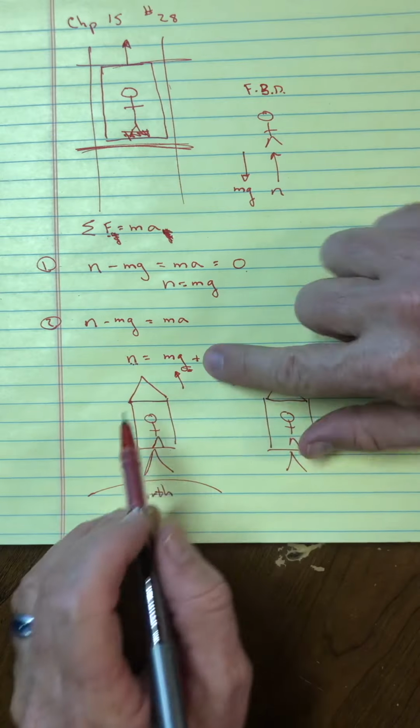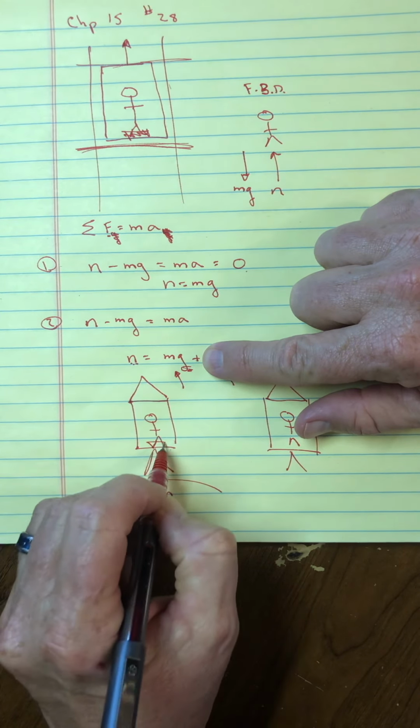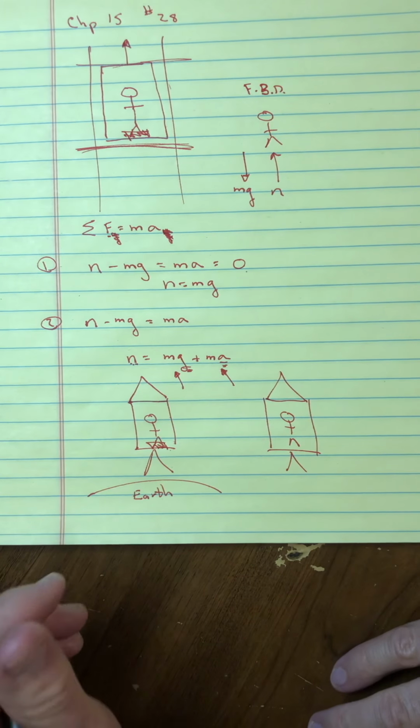Without any acceleration, it would just be mg, your weight. If you were standing on a scale, it would read your normal weight. You wouldn't think much about it.